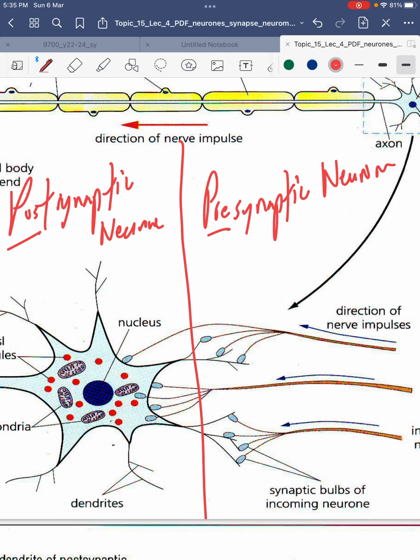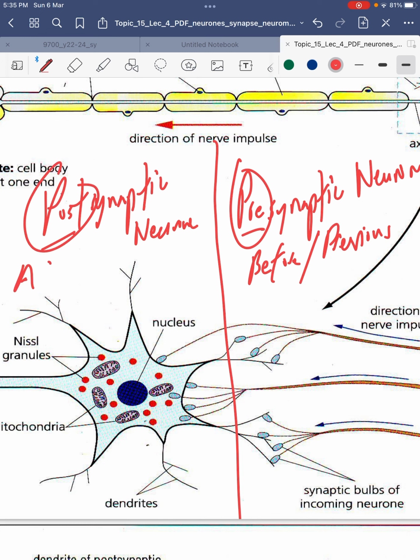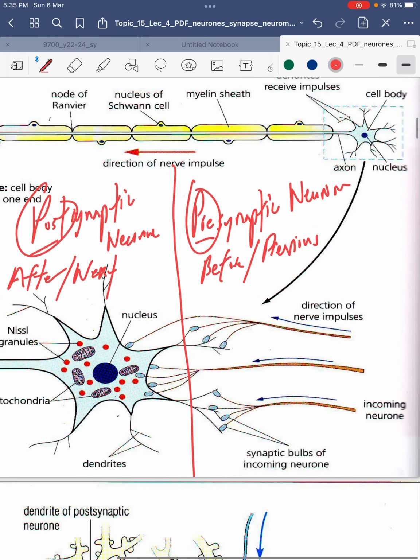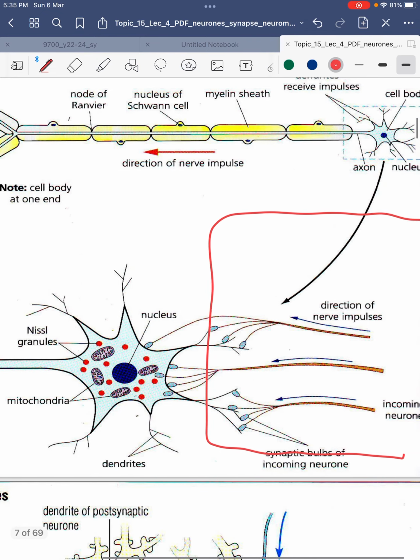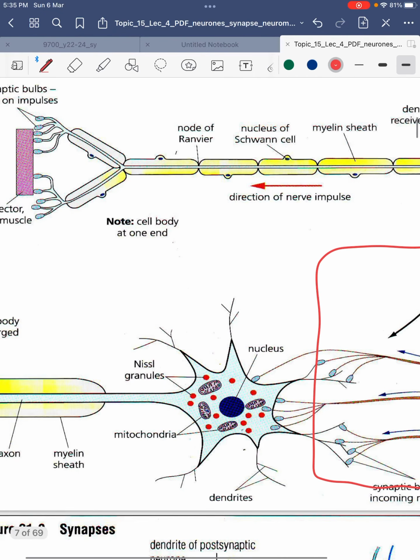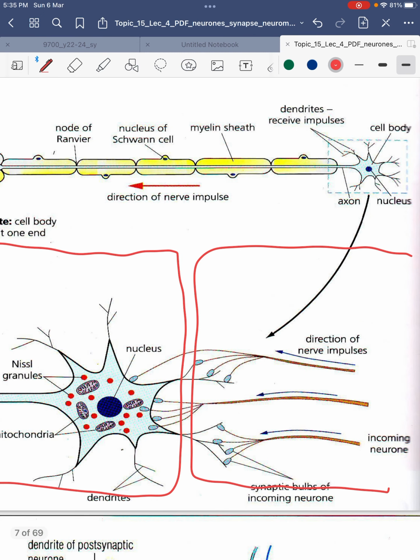The word pre means before or previous, whereas the word post means after, or basically the next one. Looking at this slide, this is the pre-synaptic neuron, the previous neuron, and this is the post-synaptic neuron, the next neuron.